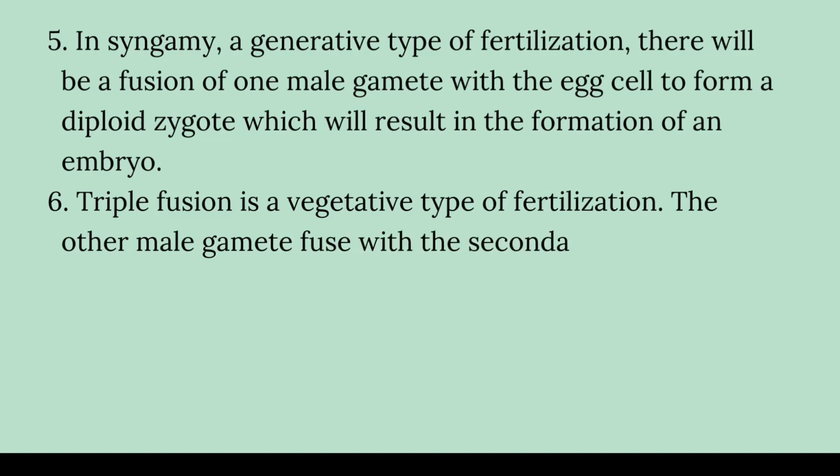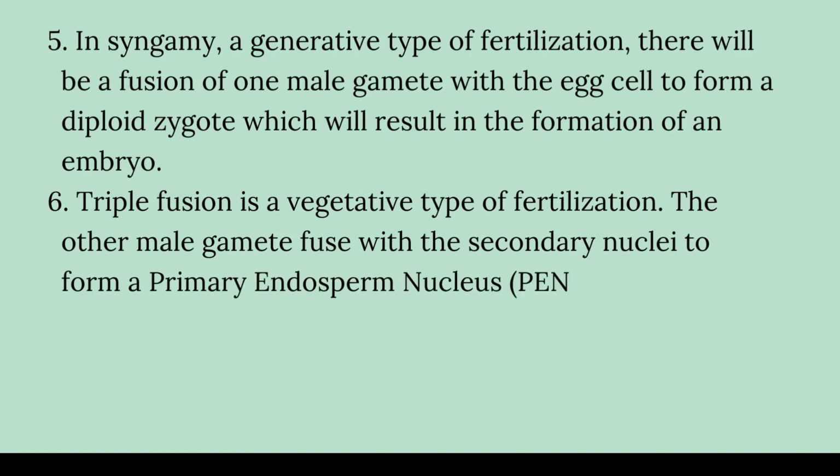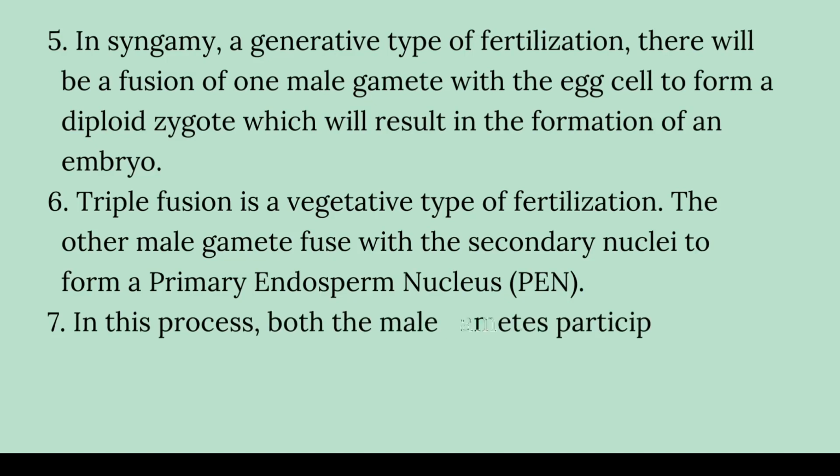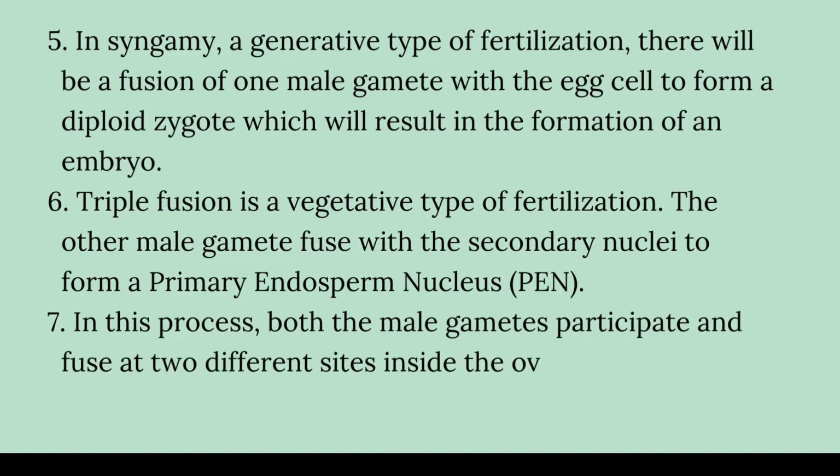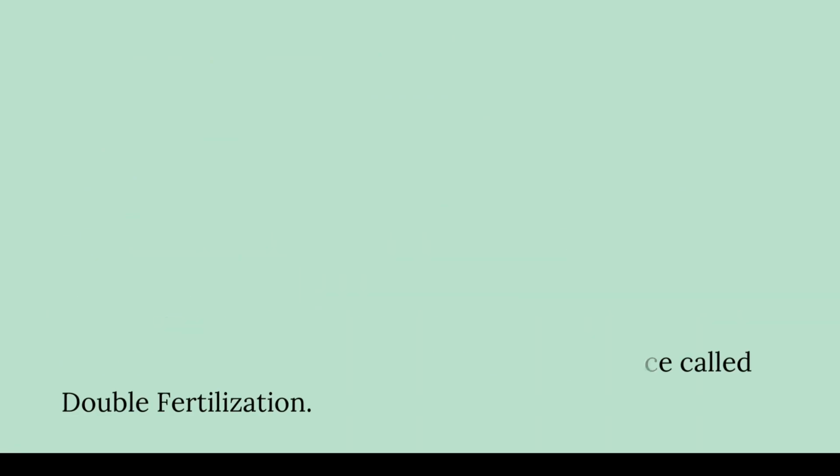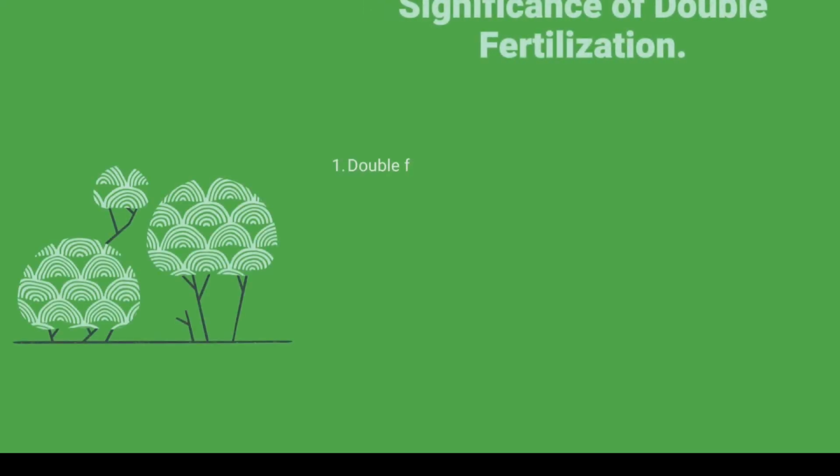Triple fusion is a vegetative type of fertilization. The other male gamete fuses with the secondary nucleus to form a primary endosperm nucleus, PEN. In this process, both the male gametes participate and fuse at two different sites inside the ovary, and hence it is known as double fertilization.